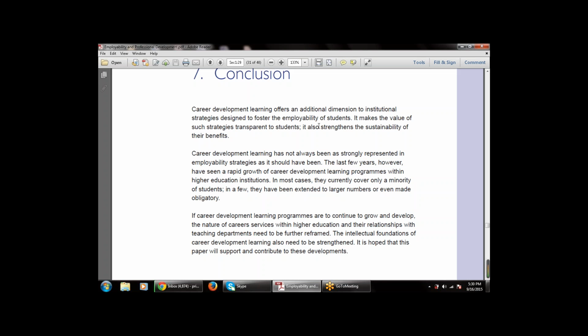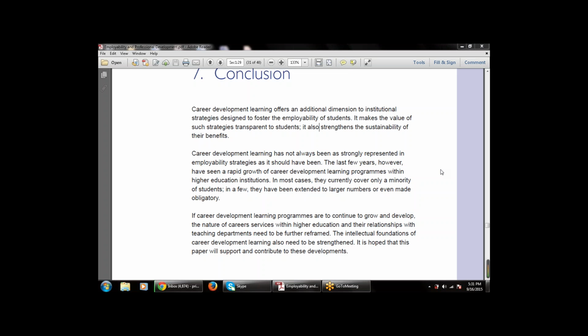Whatever criteria are used to make it obligatory, it is applied to a large number of students. So career development learning is also used as an employability strategy, and this is one of the important aspects used for the enhancement of career development services.